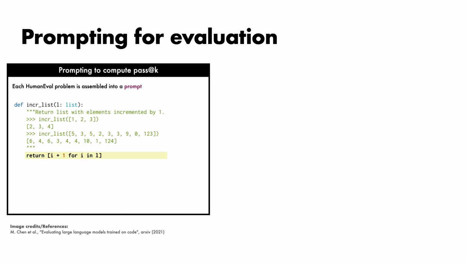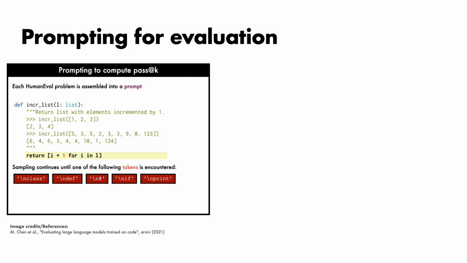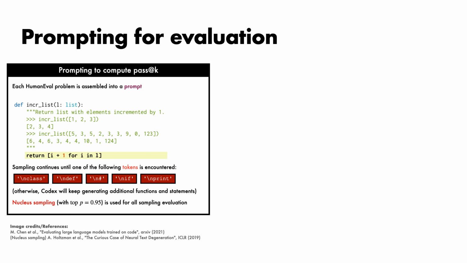When performing the completion, tokens are sampled continually until one of the following is encountered: \nclass, \ndef, \n#, \nif, or \nprint. Without this stopping criterion, Codex will simply keep generating additional functions and statements. For the sampling itself, nucleus sampling with a top p-value of 0.95 is used.